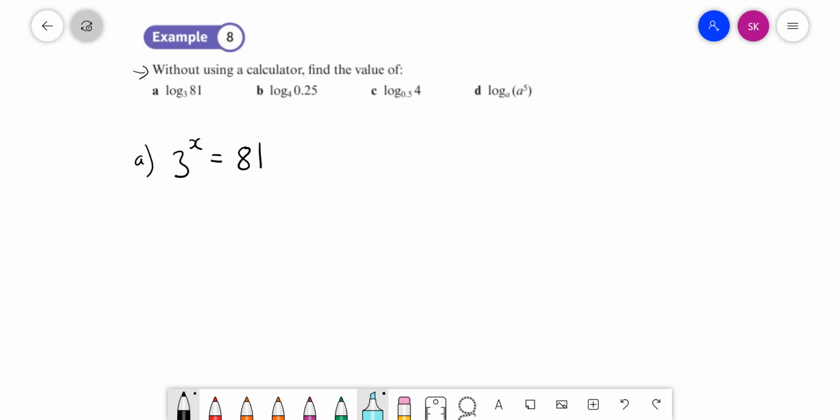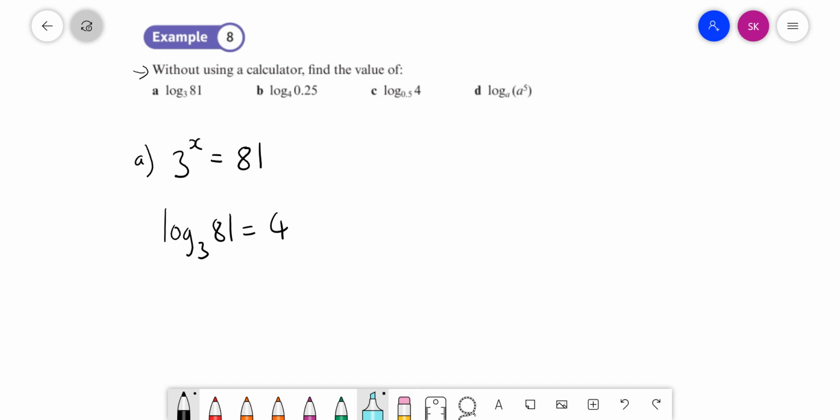It's asking us to not use a calculator to see if we actually understand what's going on here. And hopefully, because we've already looked at it, you know that 3 to the power of 4 is 81. And so the way we're going to write this is we write the logarithm that we're given and we say what it's equal to.